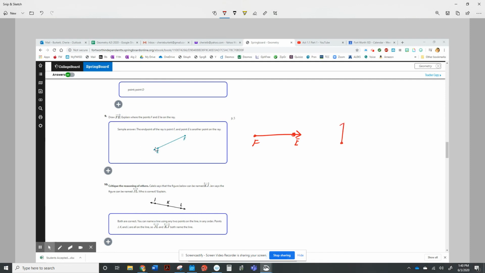Your FE could have looked like this. As long as you call this FE, it could have been any direction. The only thing you could not have done is if you put E at the end point and you put F out here. This is wrong. Can't do that.